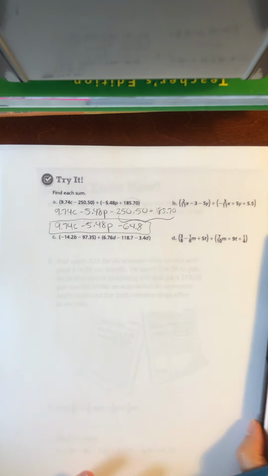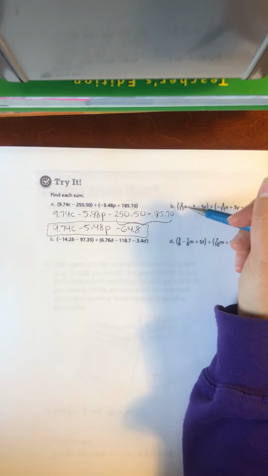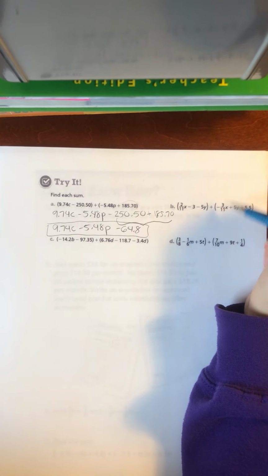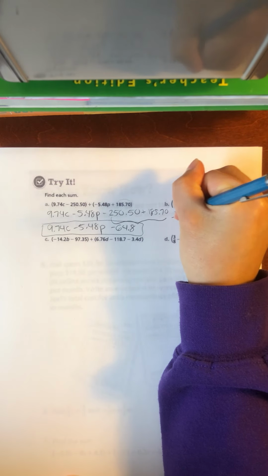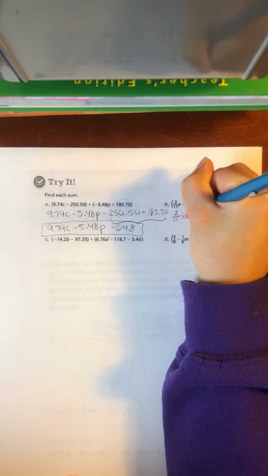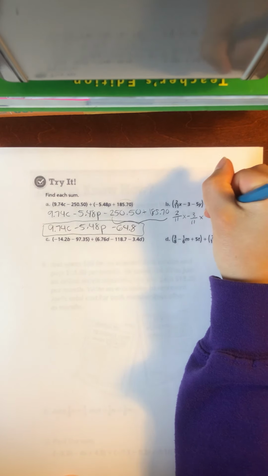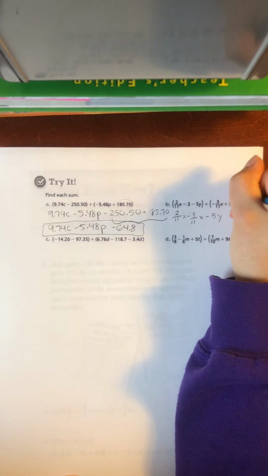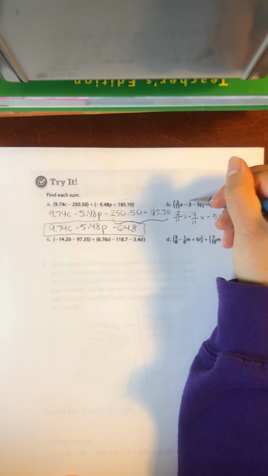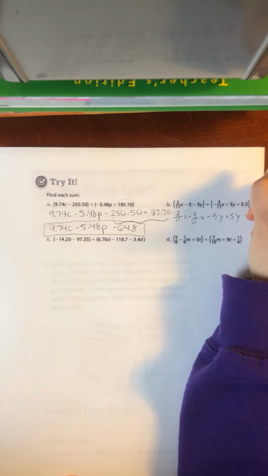Okay, next we have 2/11x and negative 3/11x. So I'm going to write those next to each other. 2/11x minus 3/11x. I'm going to put my y's together. Negative 5y plus 5y. And we have a -3 and a +5.5.